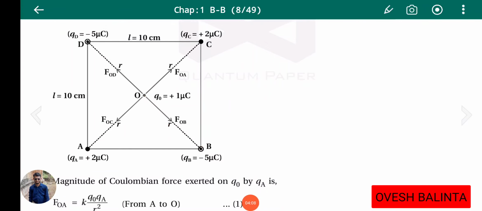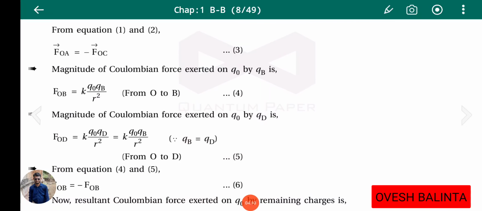We have to find out. FOB is equal to K Q0 QB upon R square, because Q1 is Q0 and Q2 is QB. So we write FOB is equal to K Q0 QB upon R square.